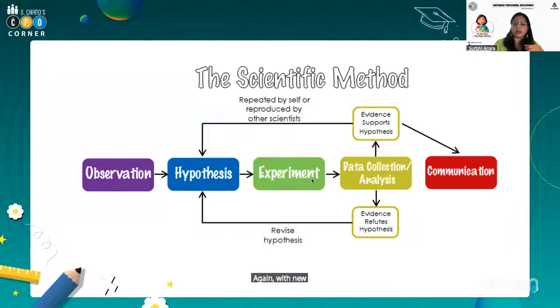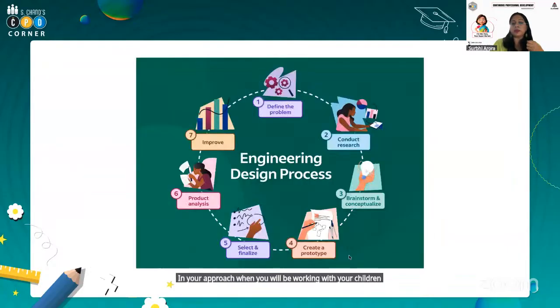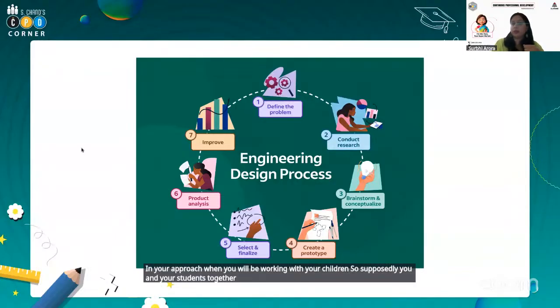That's the scientific method. However, when we talk about STEM education and engineering design, there is a change in your approach when you will be working with your children. Supposedly, you and your students together will define a problem in creating a science curriculum. We'll do it with an example. Let's wait another 5 or 7 minutes, and we'll enter into an example for the same.